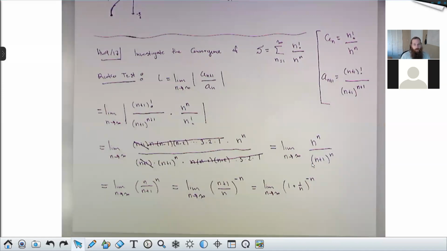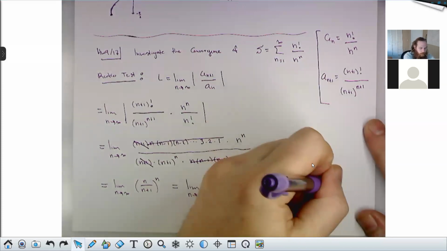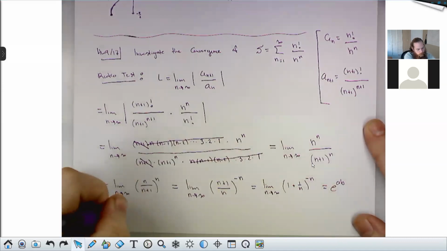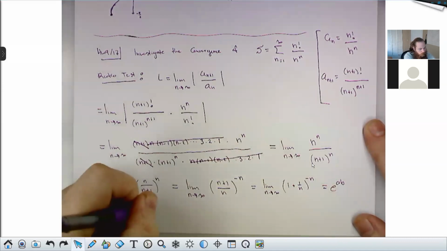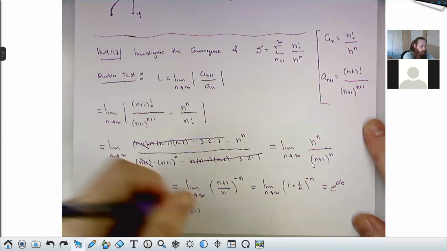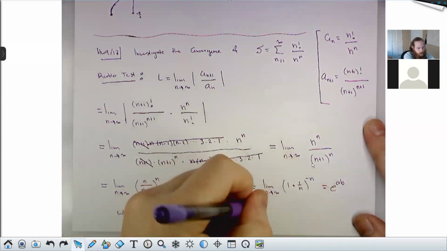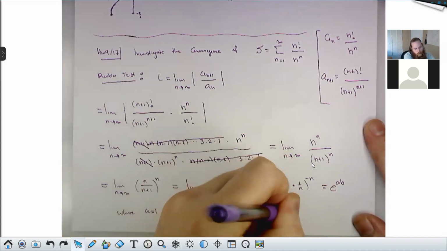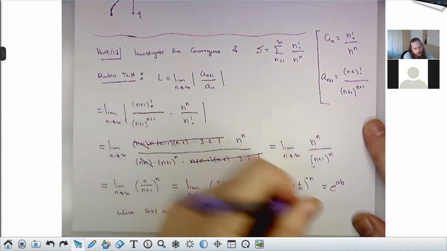This is one of your e^(ab) limits. a is 1, and b is negative 1. So this limit is e^(-1), or 1 over e, which is less than 1.